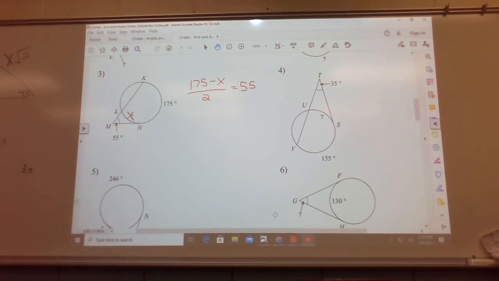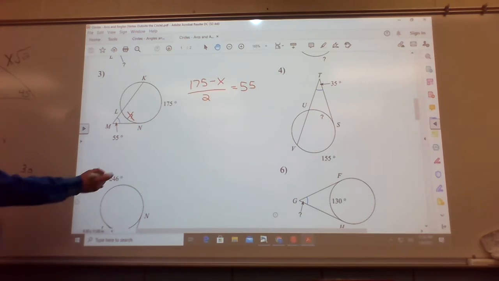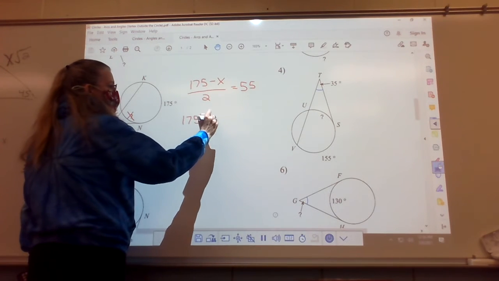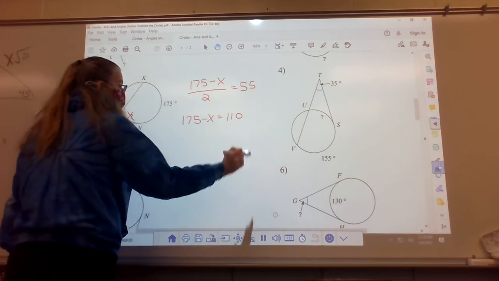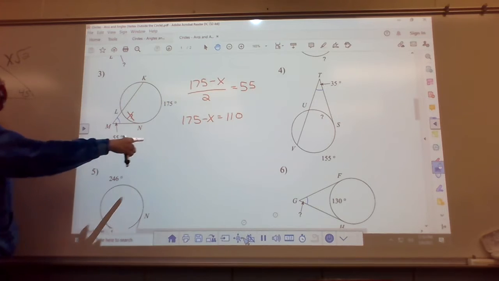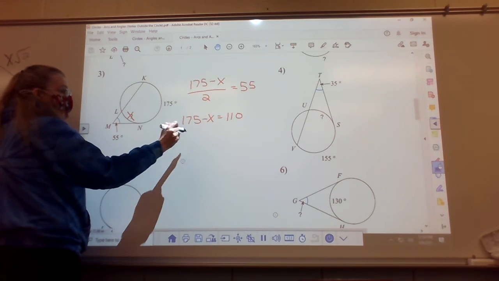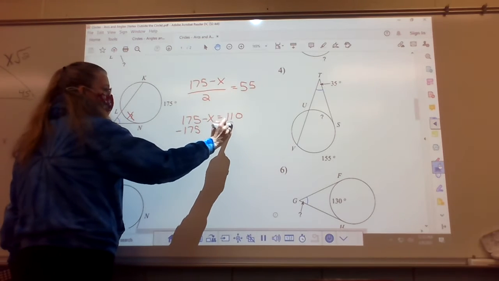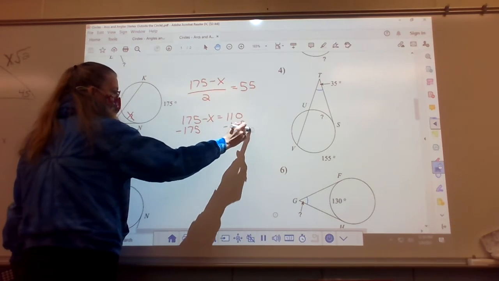Get rid of the 2, same as we did before. So if I multiply by 2, 175 minus x equals 110. Now I still want to get the x by itself, so I've got to move the 175. There's nothing in front of the 175, so to move it, I've got to subtract. So subtract the 175.